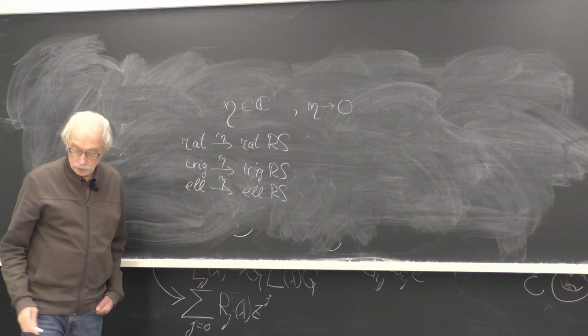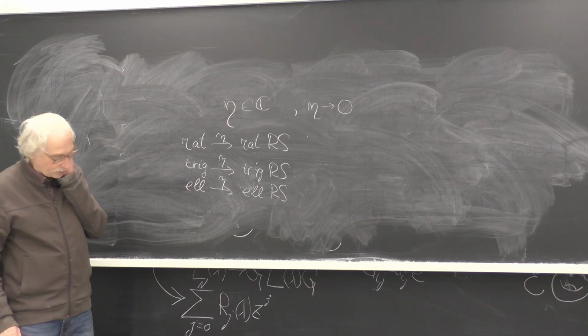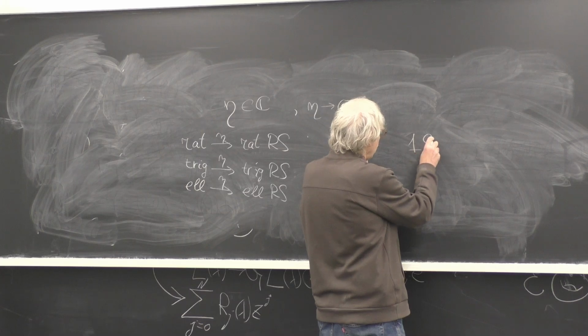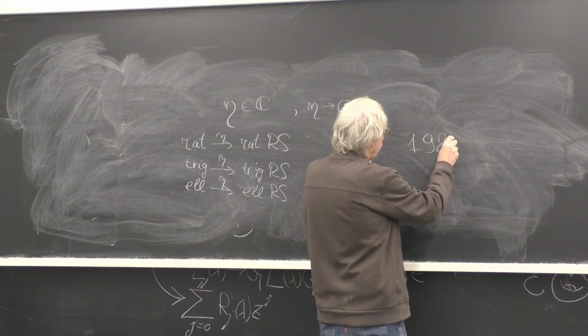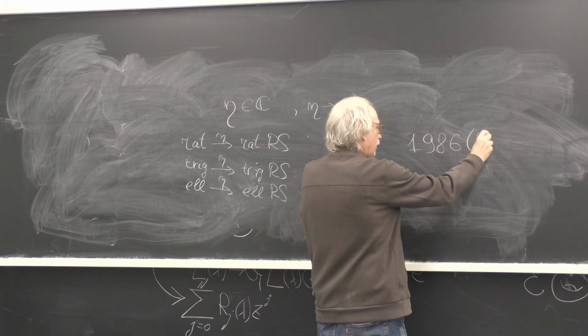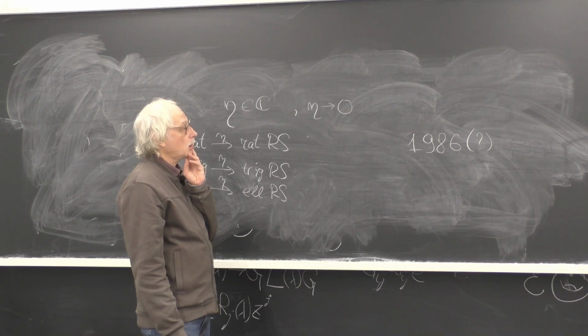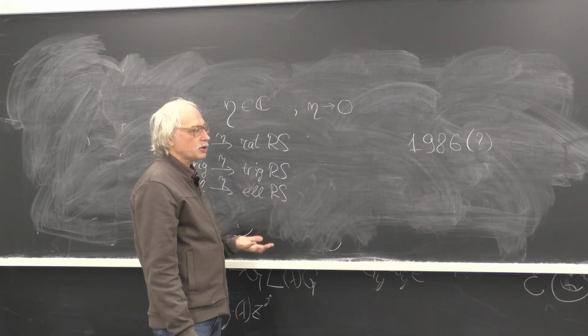These Ruijsenaars-Schneider systems were introduced in 1986 or 7, I forgot, as relativistic deformations of the Calogero-Moser system.